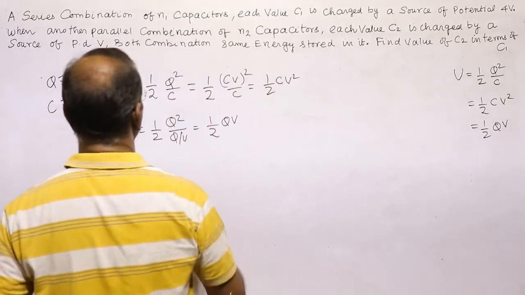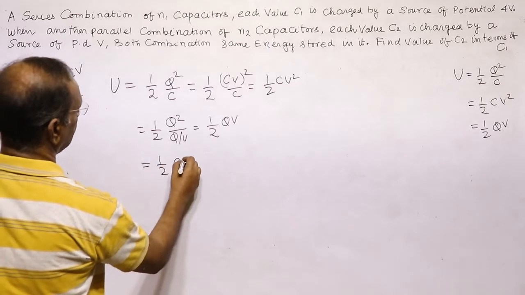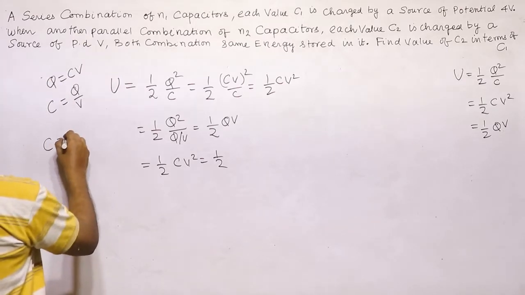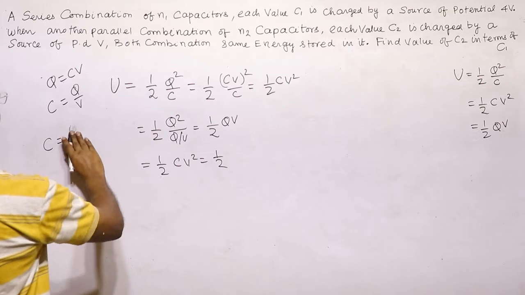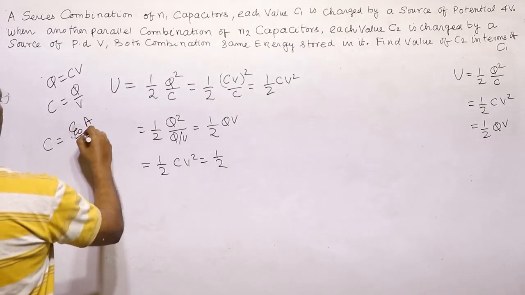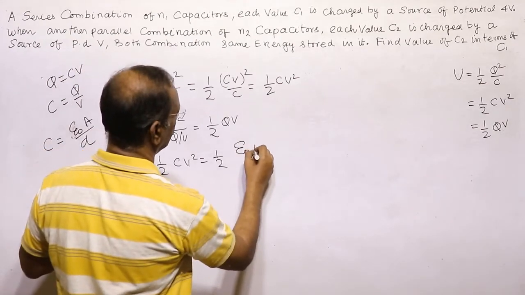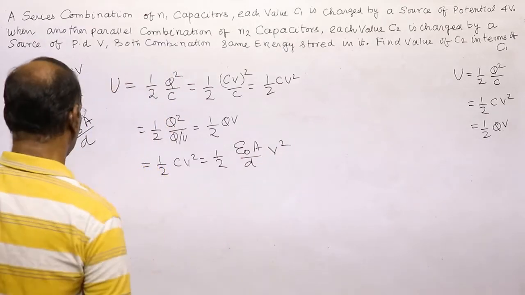Now further, in place of half CV square, for a parallel plate capacitor, the capacitance is given by epsilon naught times the area of the plate divided by D. So in place of C we can write epsilon naught A divided by D, into V square. What is the electric field?